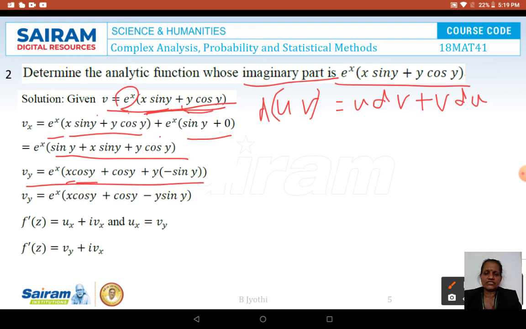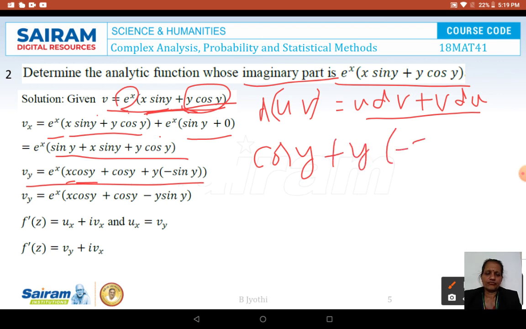And when we differentiate y cos y, again we have to apply the product rule. So that will become cos y plus y times minus sin y. The derivative by using the product rule, this is what we are getting. So again rearranging, e power x cos y plus cos y minus y sin y.